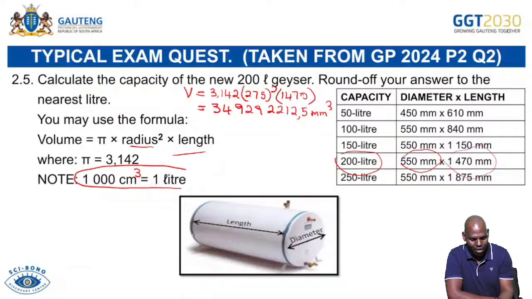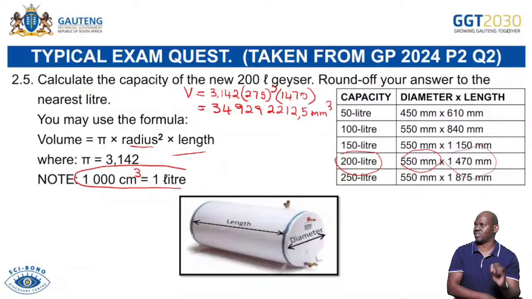and then I'm getting... Round off your answer to the nearest liters. It means this must be in liters. So what I say is I divide it further by 1000, then I get 349,292.2125, and then it's now liters. Then this is 350.